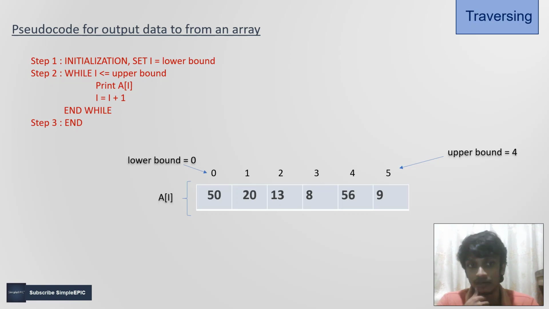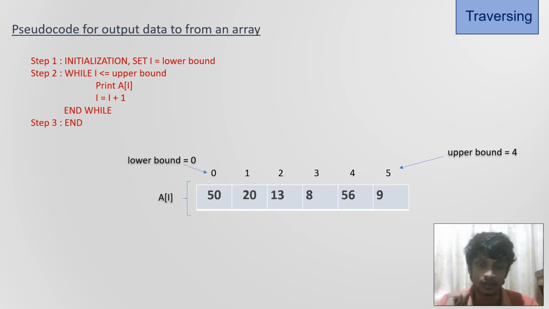So that while loop or repetition will be happening 6 times. The first time it prints A[I], which means A[0], which is 50, the first element. Then the I value will be increased, I equals I plus 1, which means now I is 1.